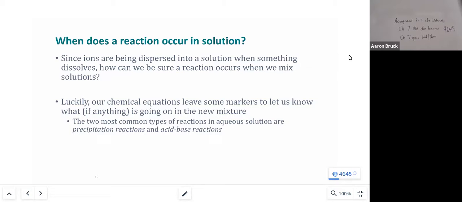Since we know that ionic compounds, or any electrolyte for that matter, is going to break apart into ions once it hits that water, then when we look at a normal chemical equation, we have to understand that what is represented in that molecular equation doesn't really reflect what's actually going on inside that solution.